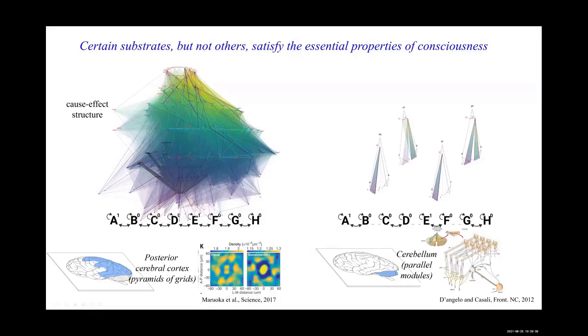This is just an indication of the grid-like architecture of primary visual cortex, but that's true also in secondary and tertiary visual cortex. And here we see instead that for the cerebellum, despite its massive number of neurons, the fundamental organization of the cortex and the granule cells, Purkinje and the granule cells, is according to microzones, which are very much like parallel sheets, very modular, which interact minimally with each other. And that's a terrible architecture for having high phi.